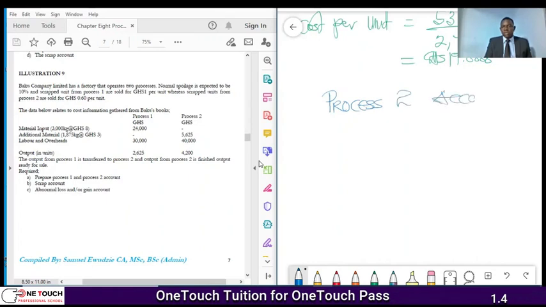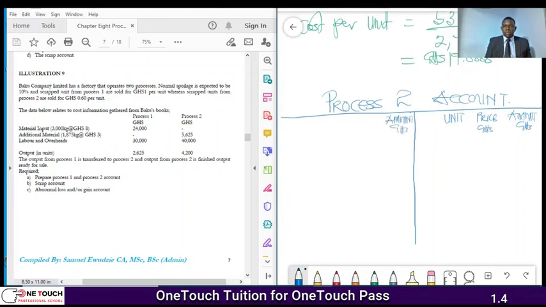For process two accounts, we have the units, the price, the amount. The units are in kg, good.